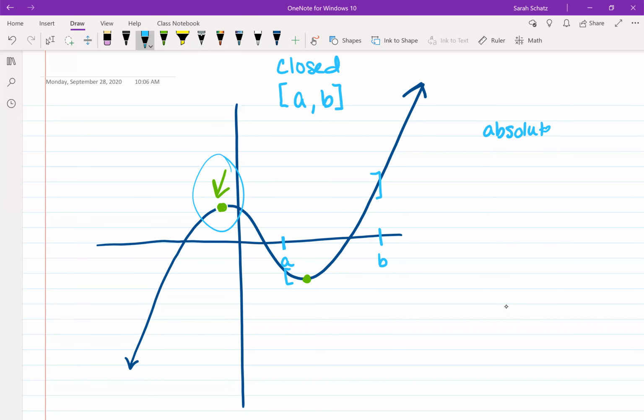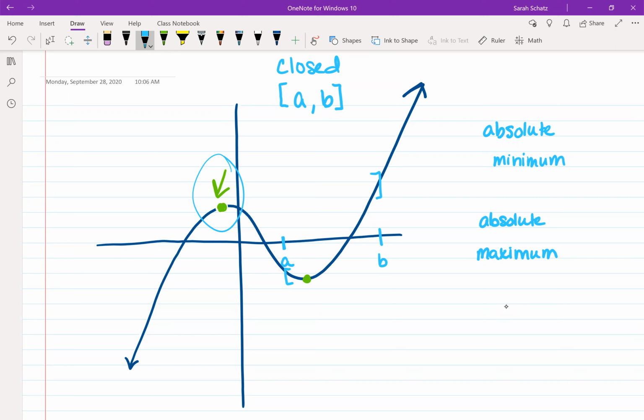But if you're on a closed interval, we get to add another word to your min and max. We're going to have an absolute minimum and an absolute maximum. Let me show you why we get to use the word absolute. As you're looking at this function, if I didn't have my interval there, you would have found this value as a max and this value as a min.